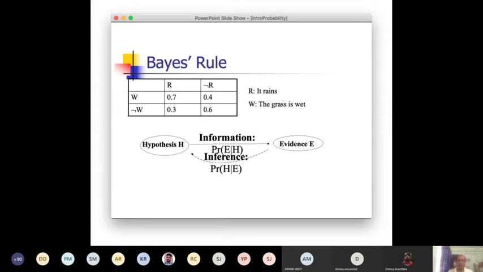So if I provide you the probability of evidence given a hypothesis, you can start with a hypothesis and find out what could be the probability of that evidence, which may occur due to this hypothesis.